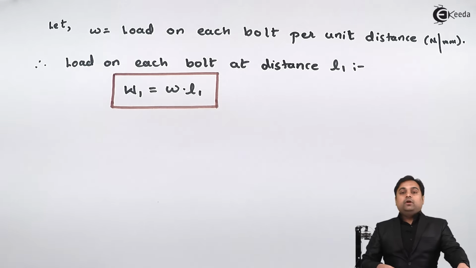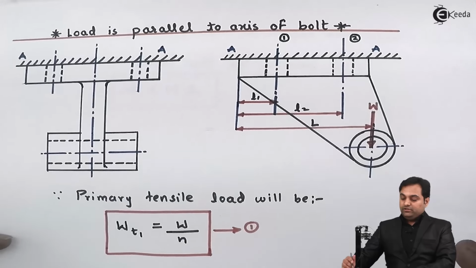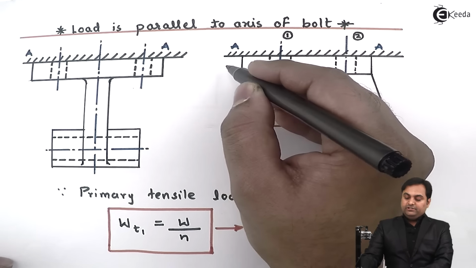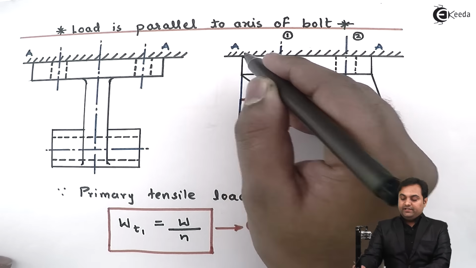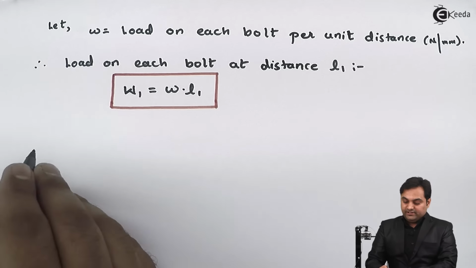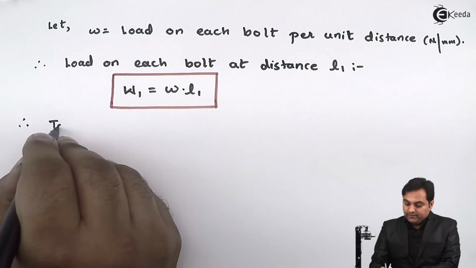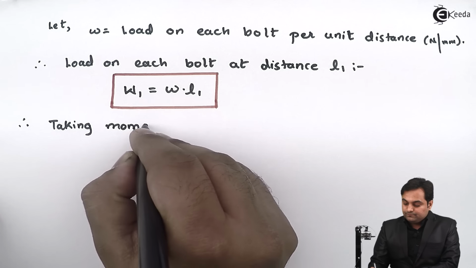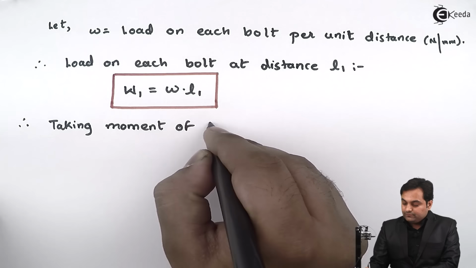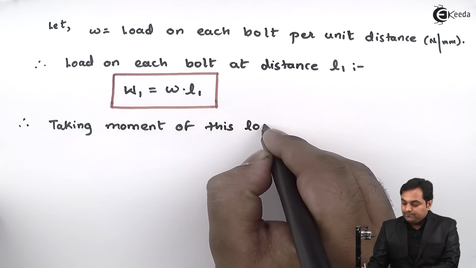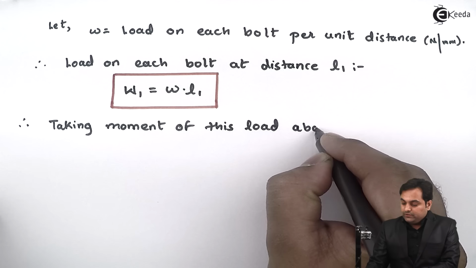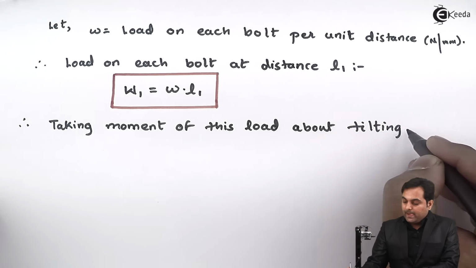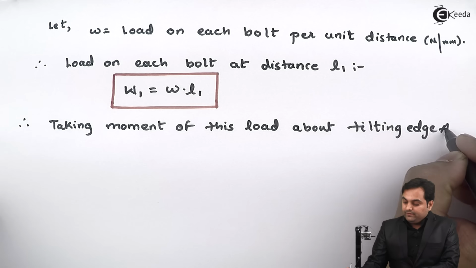Now once we get the value of load on a single bolt, then I can take the moment of this load about the tilting edge A. So I'll say that therefore taking moment of this load about tilting edge AA.